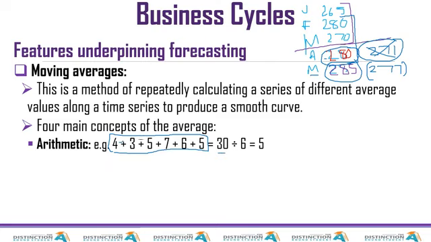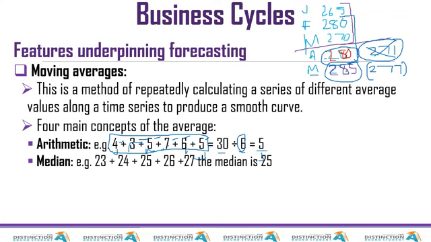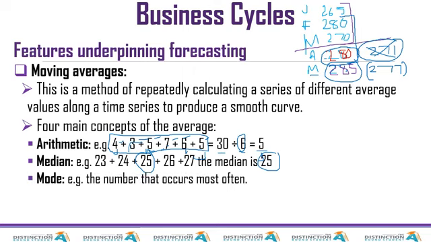If you divide by 6, you get 5. So if this was January to June, we predict that July will be a 5.